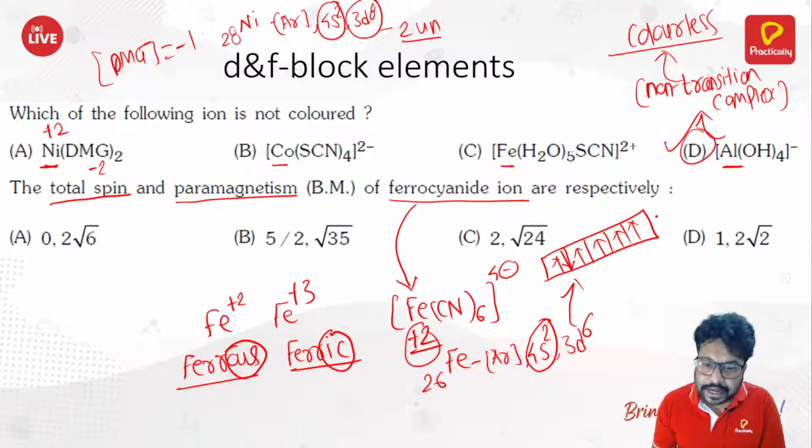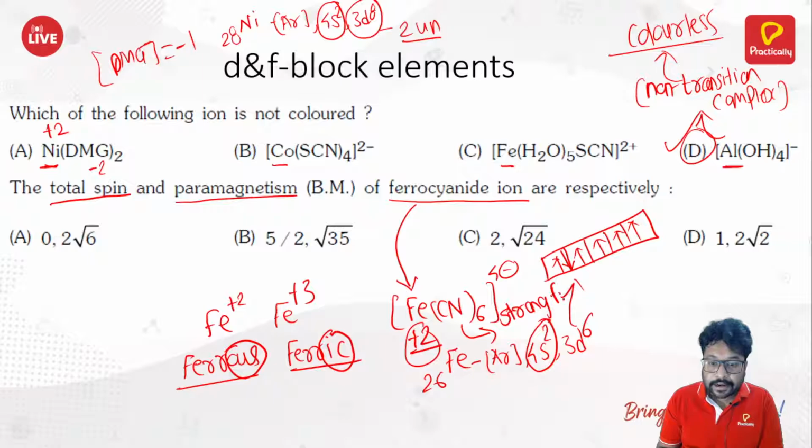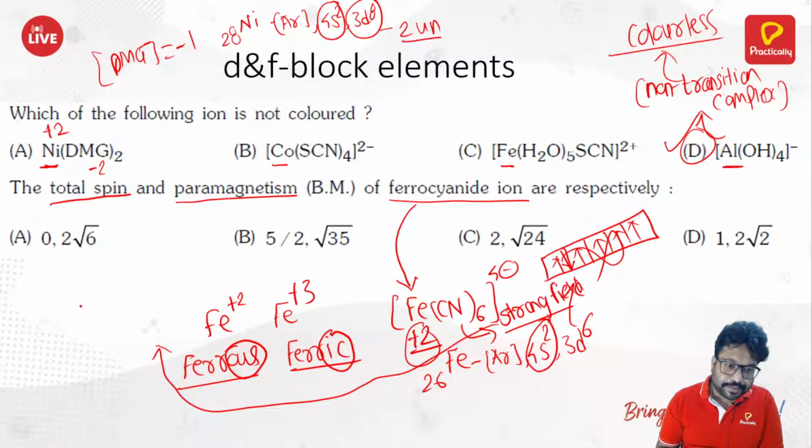How many unpaired electrons do we have? You have 4 unpaired electrons, but remember this is cyanide. Cyanide is a strong field ligand, and being a strong field ligand, this can't be our arrangement. Our arrangement should have been like this. Let me show you.